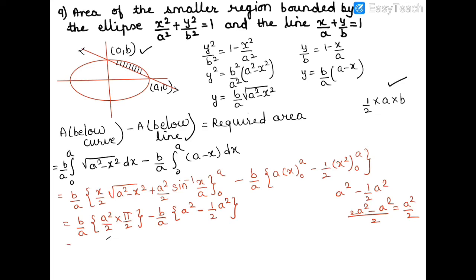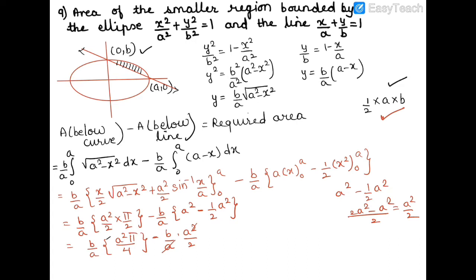And therefore this is equal to b by a and a square pi by 4 minus b by a into a square by 2. So this gets cancelled, and look, we are getting half of AB. So therefore again, if we can take out anything common, let's look into that.